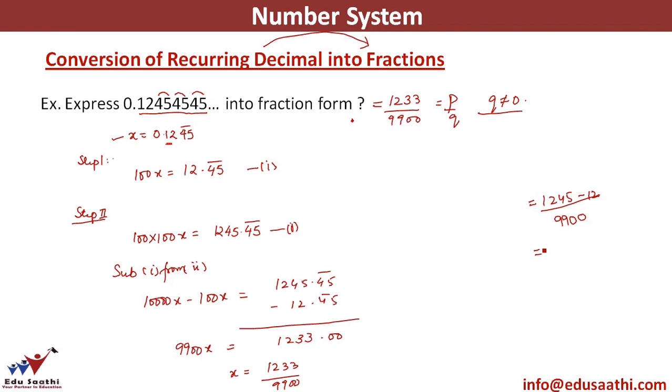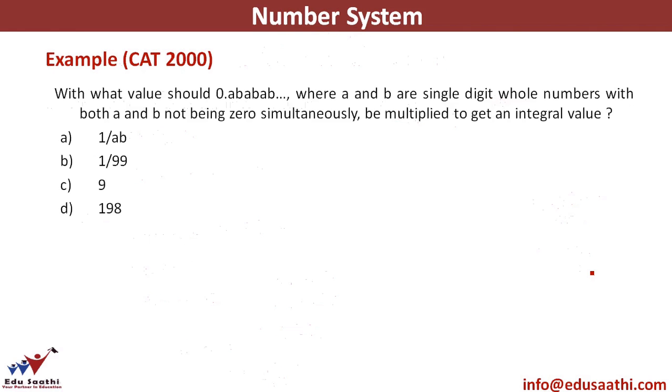Here I had two repeating digits, 4 and 5, so two 9s. How many non-repeating digits did I have? 1, 2. So there were two non-repeating digits, so two zeros, and my answer will be 1233 over 9900. I'll get it in one go. I hope you've understood the process. It's very, very simple. Let's look at some of the questions related to this.